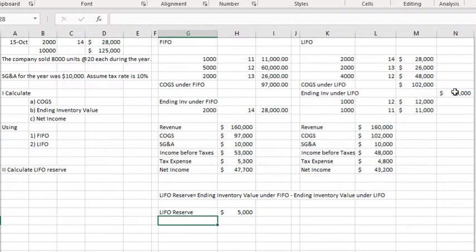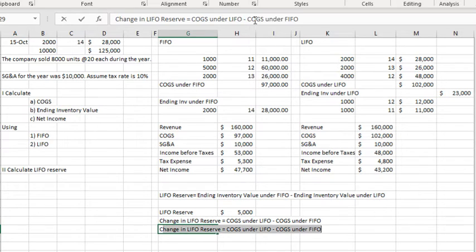There is also a concept called change in LIFO reserve in a particular year, and we are going to define that as cost of goods sold under LIFO minus cost of goods sold under FIFO.